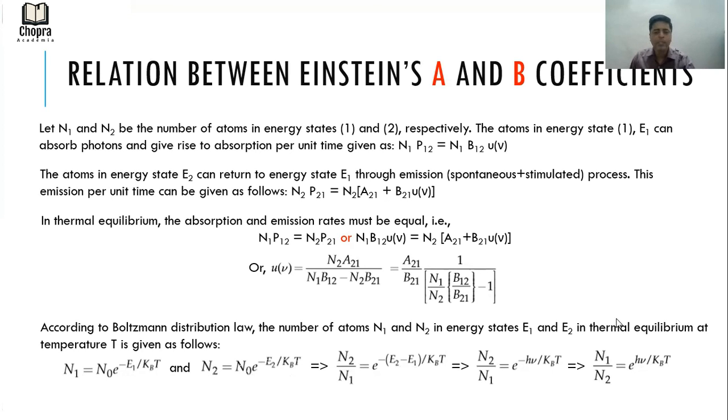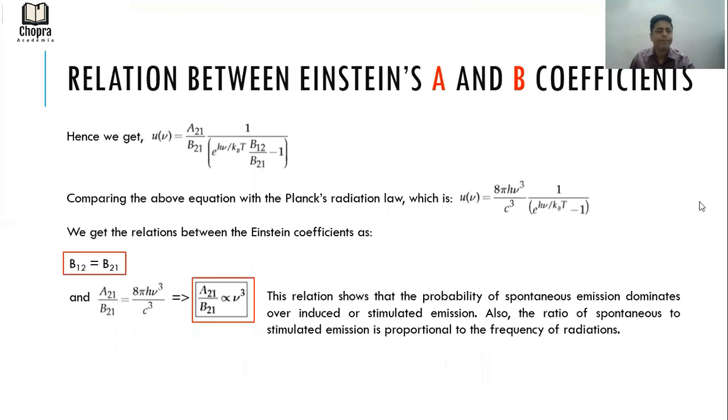Now we compare the above equation with Planck's radiation law, which is U nu is equal to 8 pi h nu cubed by c cubed times 1 by (e to the power h nu by kT minus 1). Why do we compare this equation with Planck's radiation law?